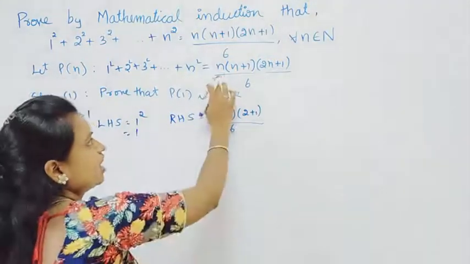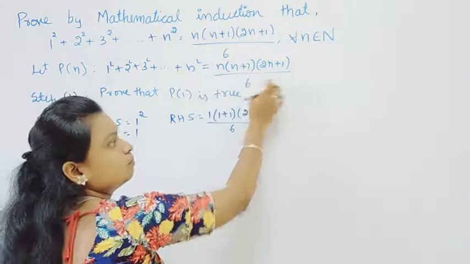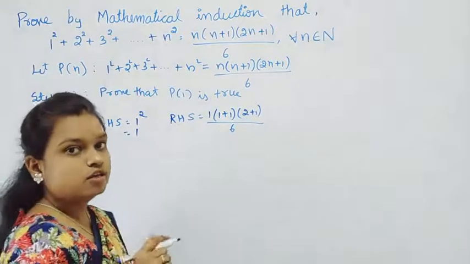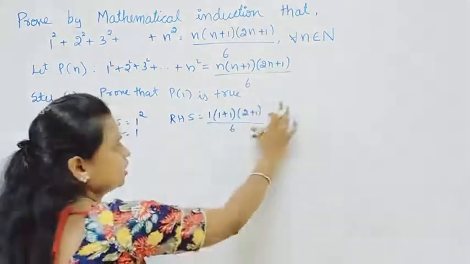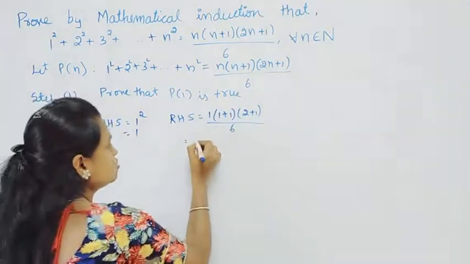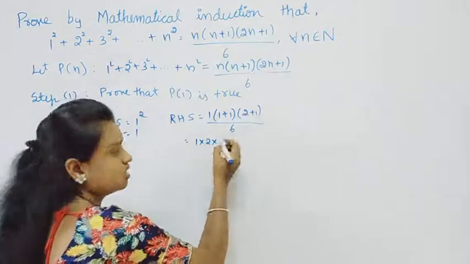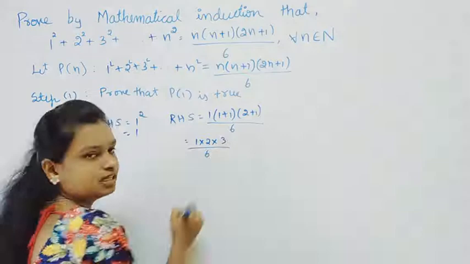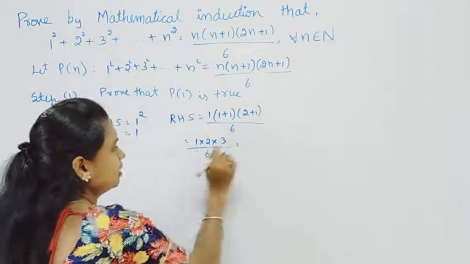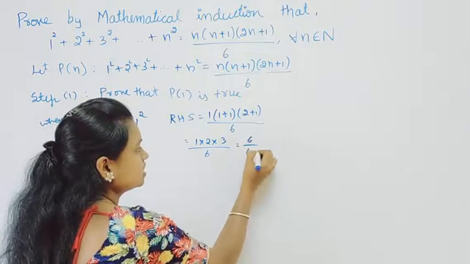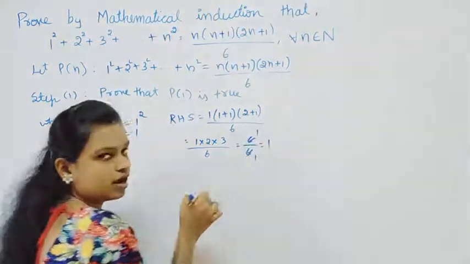In RHS we have n into n plus 1 into 2n plus 1 divided by 6. But in the first step we take n is equal to 1, so replace n by 1. Simplify this: 1 into 1 plus 1 is 2, into 2 plus 1 is 3, divided by 6. So multiply: 1 twos are 2, 2 threes are 6, 6 by 6. It is nothing but 1.